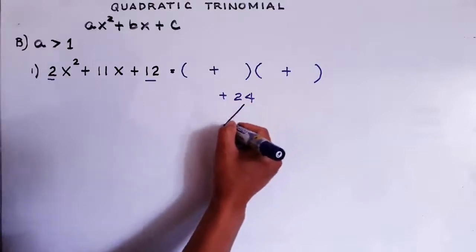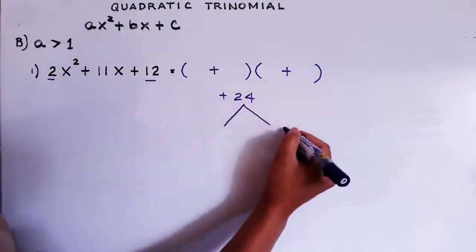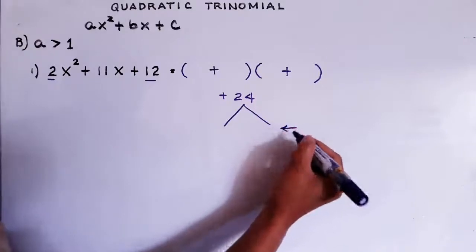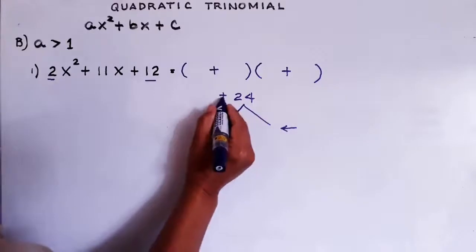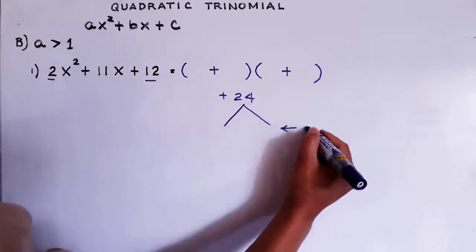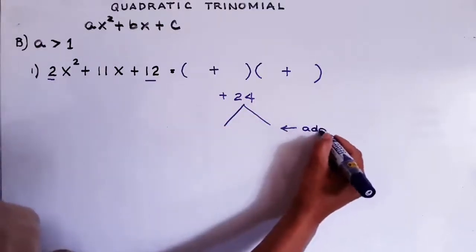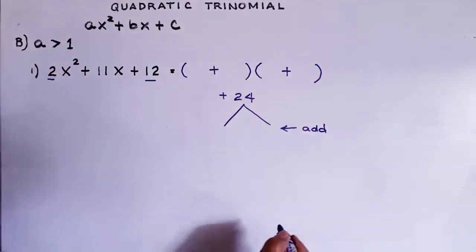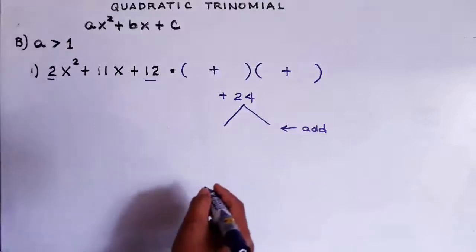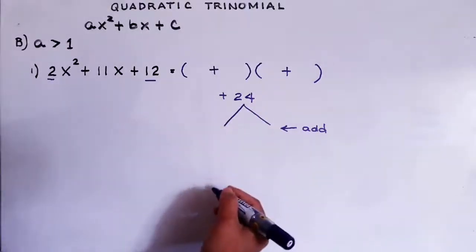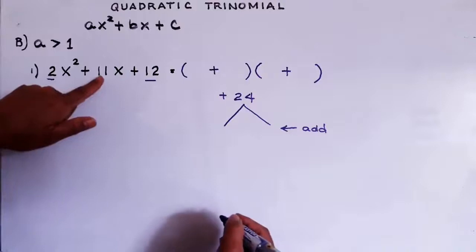Therefore, just like when a is equal to 1, because this one is positive, we are going to add the absolute value of the factors. So let's get the factors of 24 so we can get the 11 here.